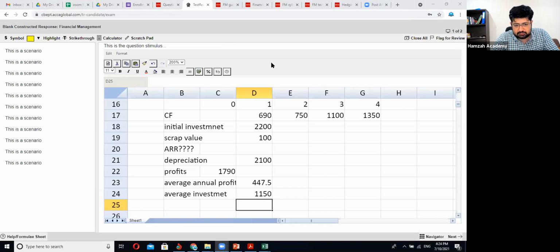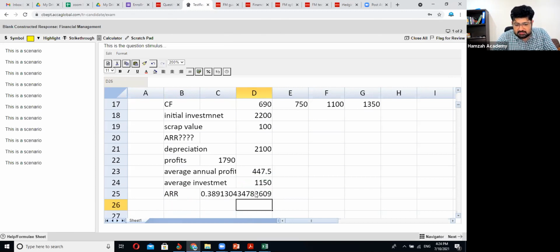Now, next. Good. So students, ARR, accounting rate of return. How to calculate? This average annual profit divided by this, and you see here the percentage. Answer is here.